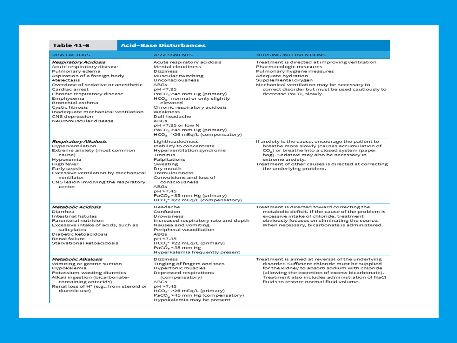They could have chronic respiratory diseases with inadequate ventilation, pneumonia, those kinds of things, and you would have your ABG showing acidosis.